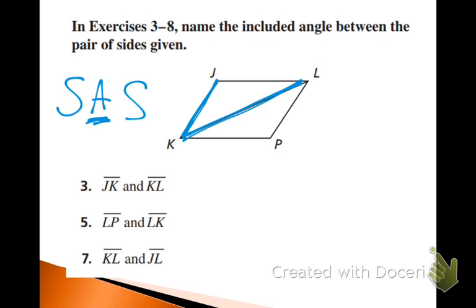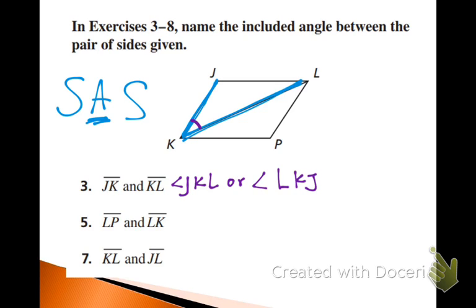So what is the vertex of the angle that would be in between these two segments? K. But I can't say just angle K, because again, there's this angle, and this angle. So we would say angle JKL. Or what's the second option? LKJ. Good. That's all it's asking.